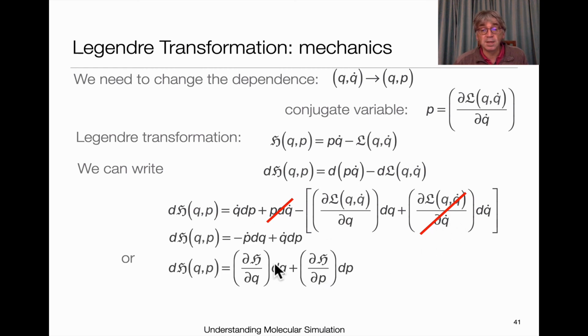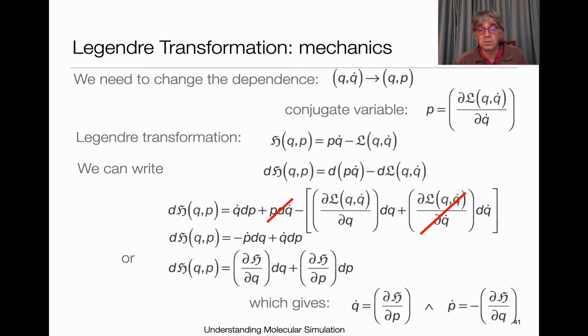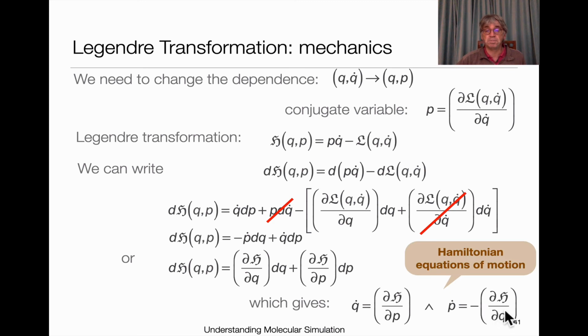So what we have here, we can recognize these two terms, and these are now the equations of motion we want to get. And that is very similar to what we have done in classical thermodynamics. It's just a change of variables, and now you see the Hamiltonian gives you these two equations. And these are the Hamilton equations of motion.